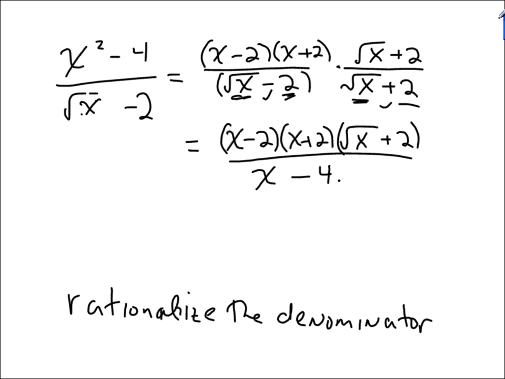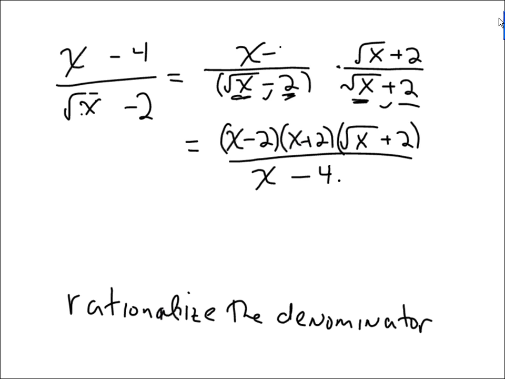Okay, I see a little typo. I meant for the top to be just x minus 4. So it turns out the top did not factor. It's just x minus 4. Sorry about that.